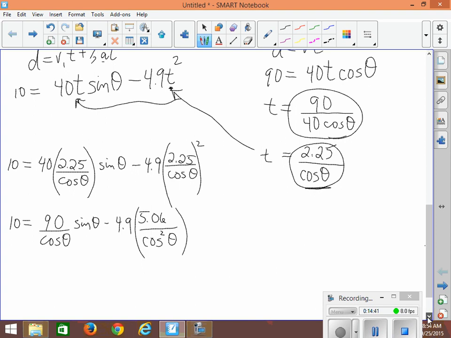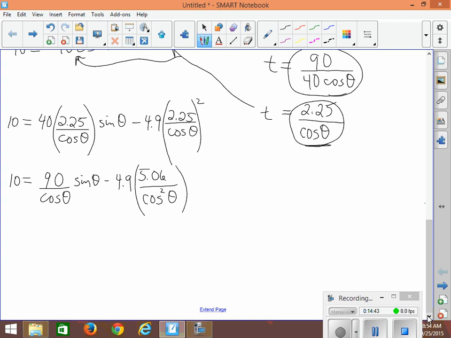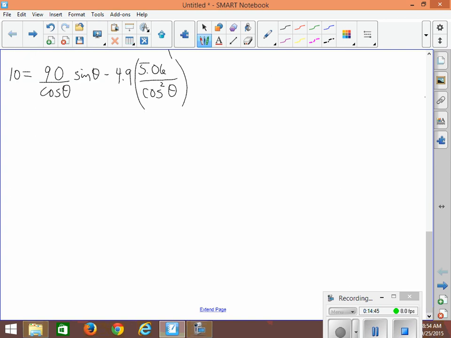Let's carry this a little further and see what happens. One of the things we can realize is if we look at this first fraction right here, this simplifies to 10 equals 90 sine theta divided by cos theta.